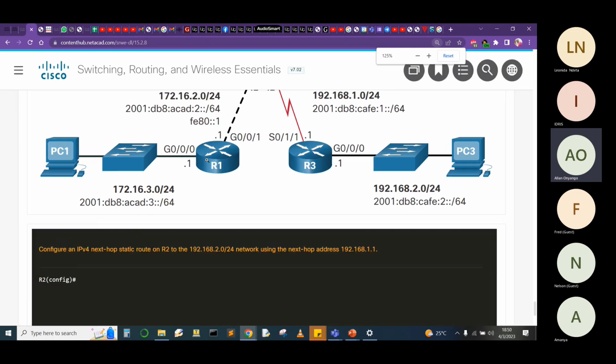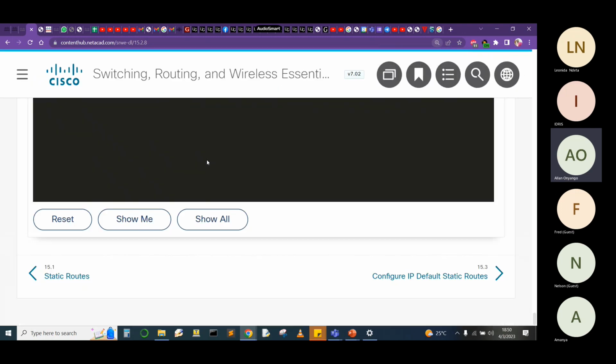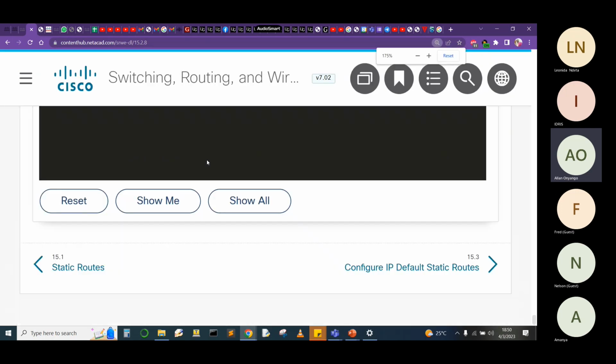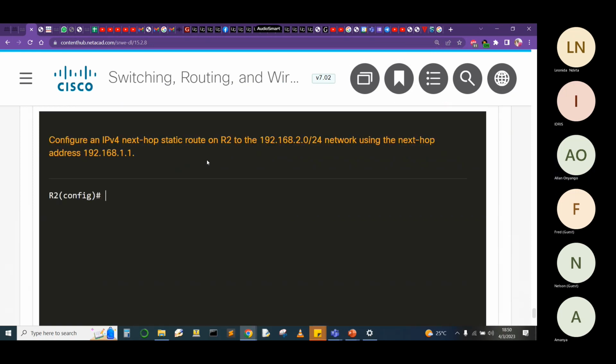So I'm going to zoom my screen a little bit so that you guys can have a good view of what I am going to be doing. Okay. So we are told to configure an IPv4 next hop static route on R2 to network 192.168.2.0/24 using the next hop address of that one. Like I said, this is very simple. The command is ip route.